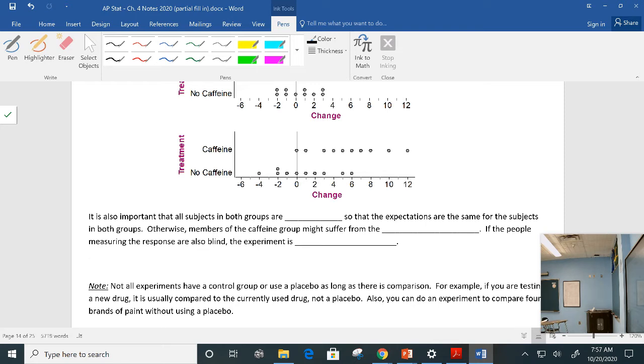So in the experiment here that's dealing with caffeine and pulse rate, it's important that both groups are blinded, so that the expectations are the same for the subjects in both groups. Otherwise, members of the caffeine group might suffer from the placebo effect. If the people measuring the response are also blind, then the experiment is considered double-blinded.